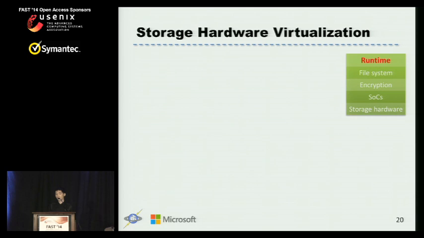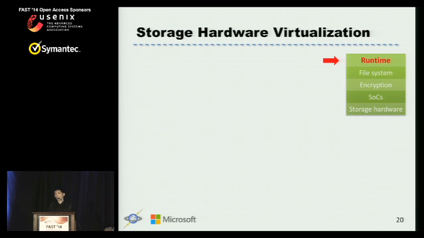On the bottom of the stack is the storage hardware. And on top of that, we have SoCs, we have encryption, we have file system, we have the virtual machine things. And during the rest of the talk, I will go from one level to another to discuss if there's anything we can do to reduce the energy consumption of the storage stack.